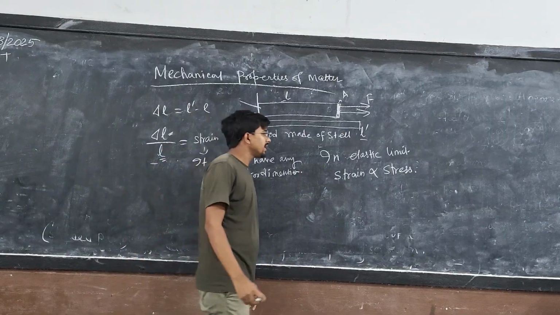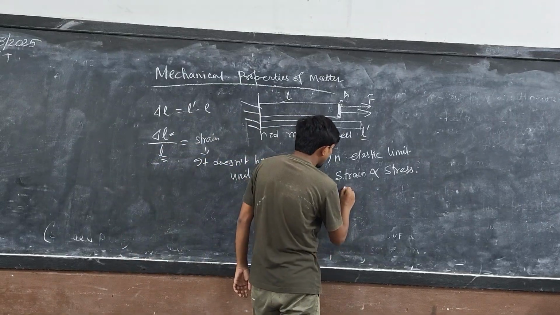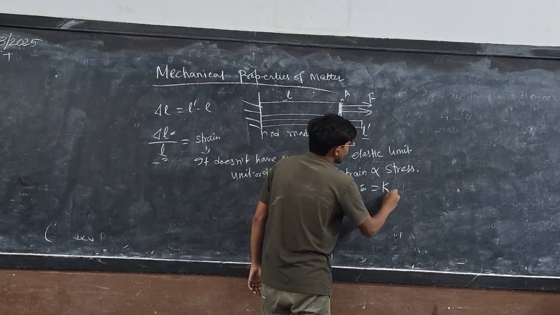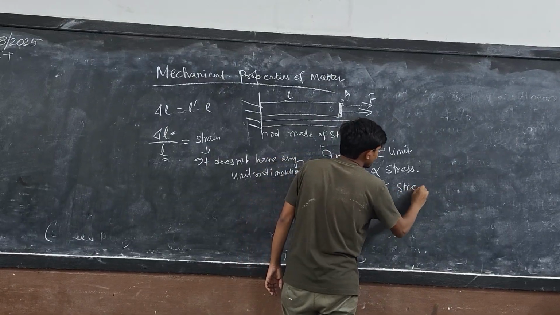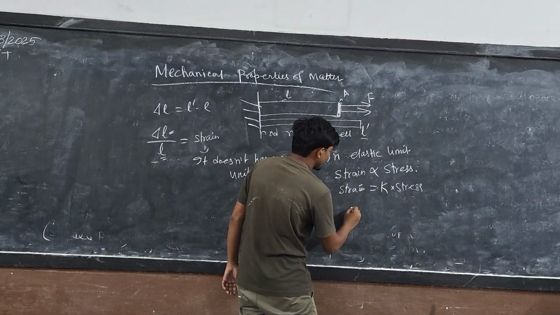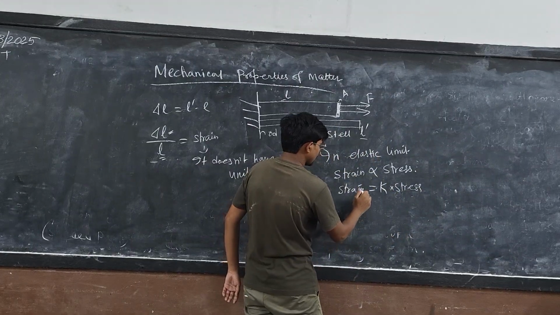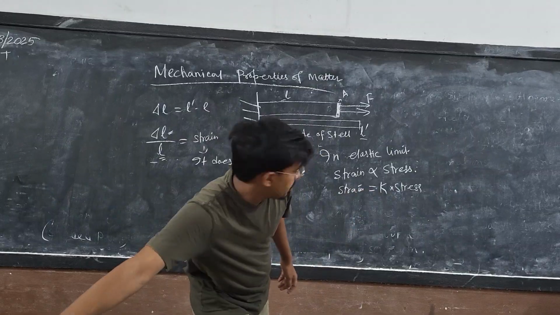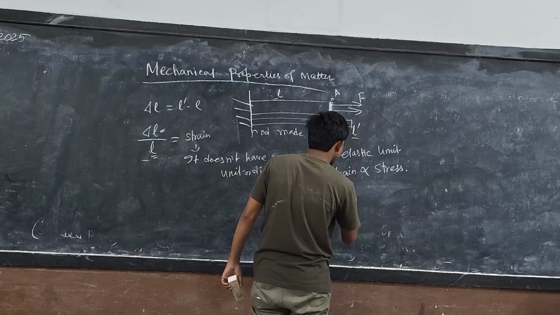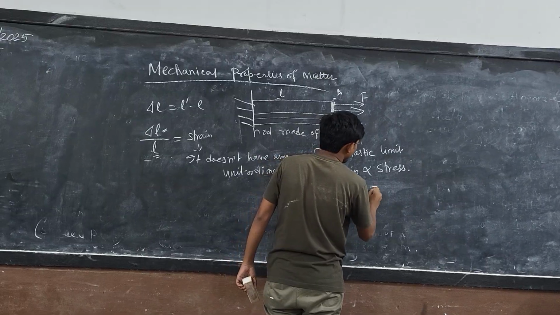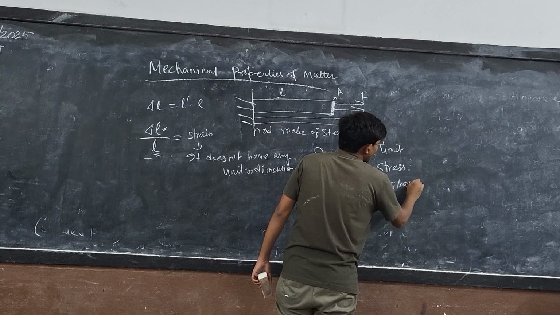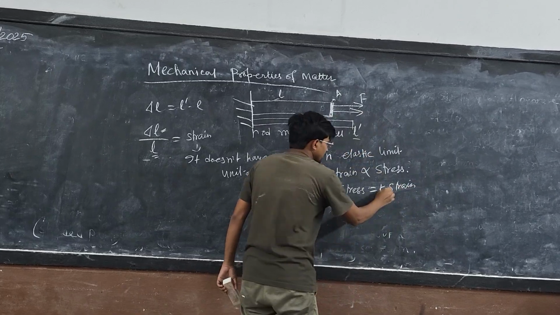So here a new term comes up. We can write strain equal to K into stress, where K is the constant of proportionality. And we can say stress equal to K into strain, which will be easier for calculation.